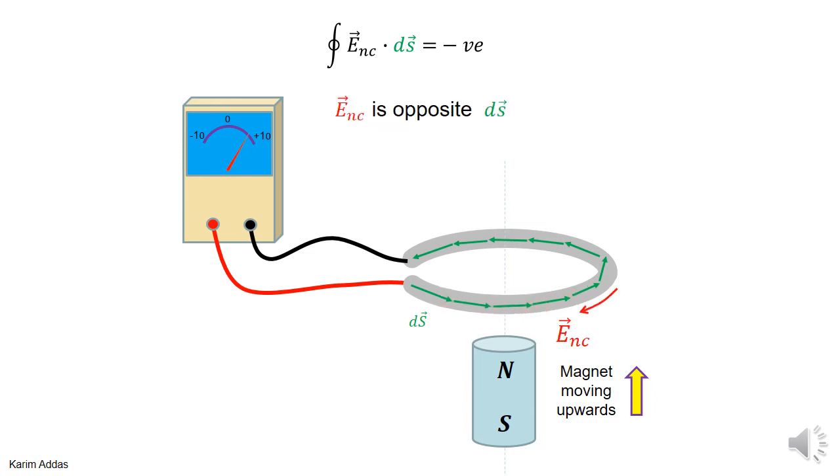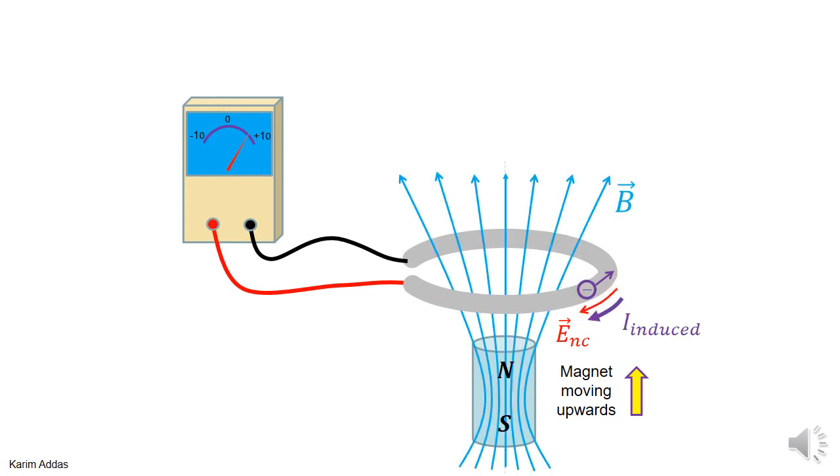So that means we've just shown that the non-conservative E that's created is opposite the ds vectors. If we have an electric field that's opposite the ds vectors in this direction, what is its effect going to be on negative charges inside the wire? It's going to make the negative charges move opposite the electric field, because the force is Q times E, and Q in this case is negative, so the force is this way.